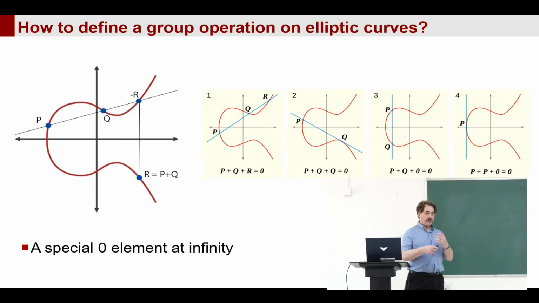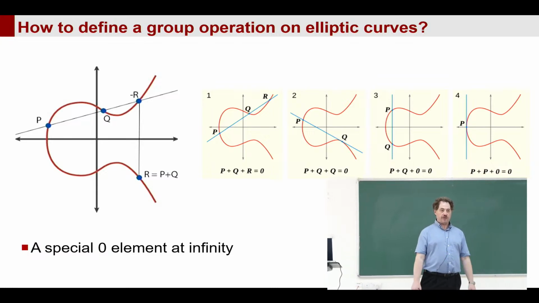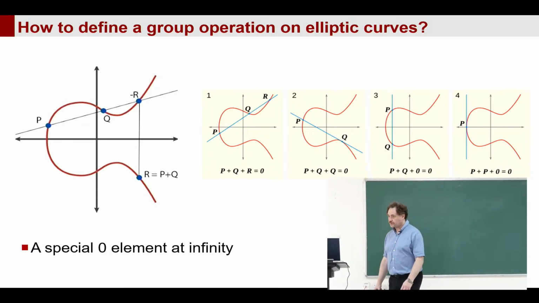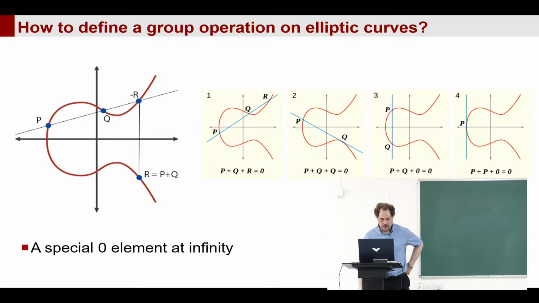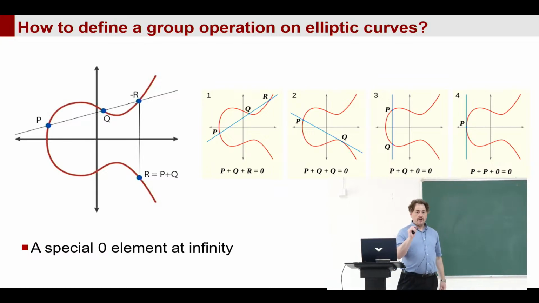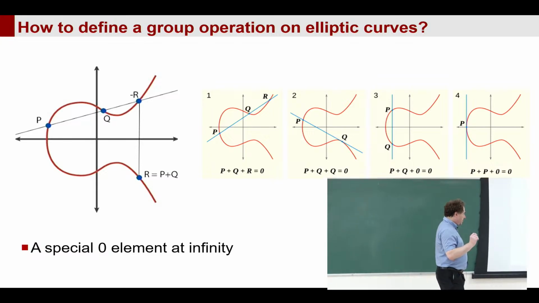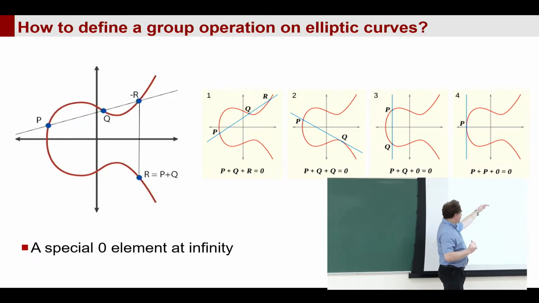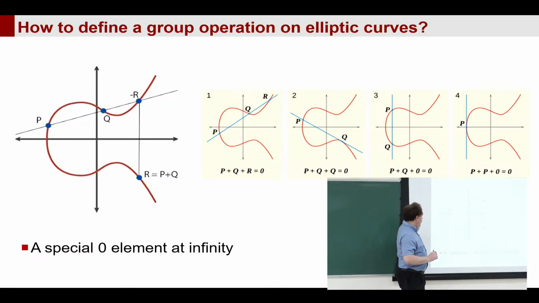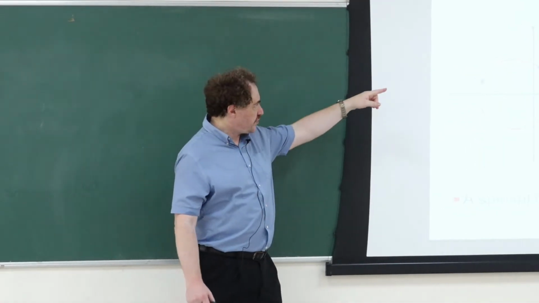Okay, so that's an elliptic curve, but how do we define operations? How do we define a group based on elliptic curves? The operation is the following one. In most cases, a line which would intersect an elliptic curve would intersect it in 3 points, like in this example.